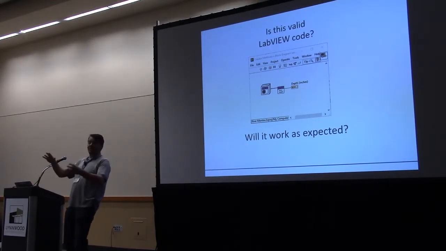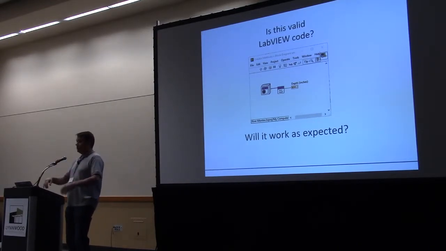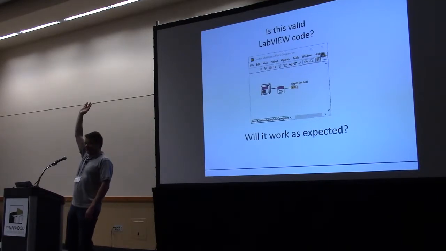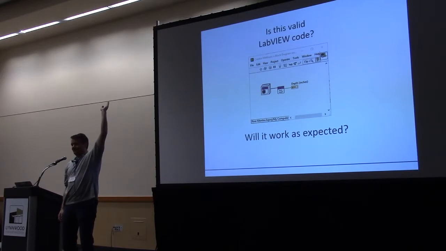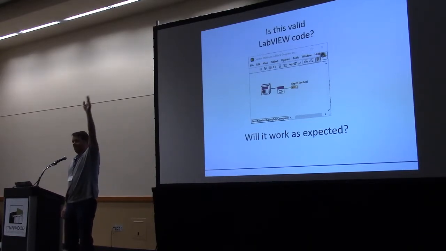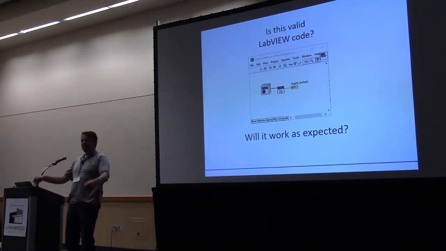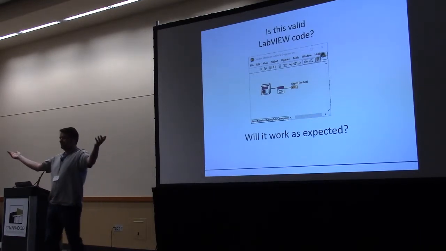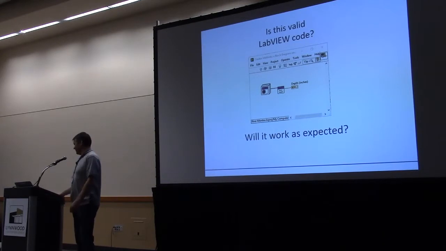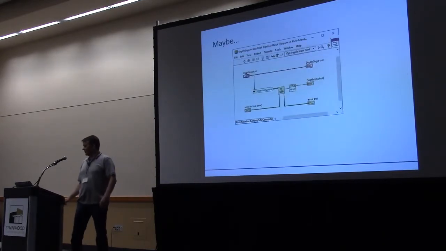Who thinks this code will work as expected? Awesome. Who thinks it won't? One. What other answers are there? Nobody knows if it will work as expected. You guys are too smart.